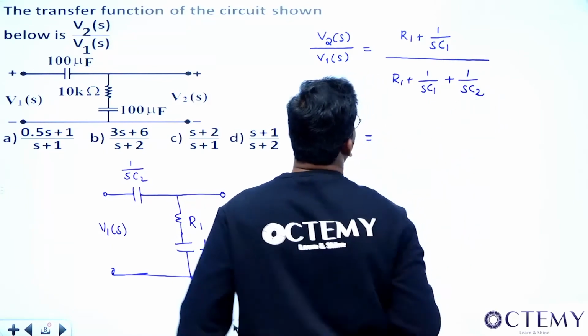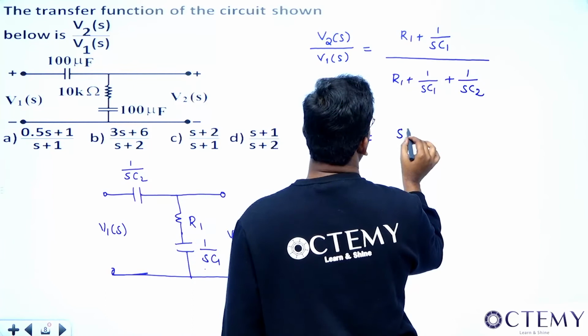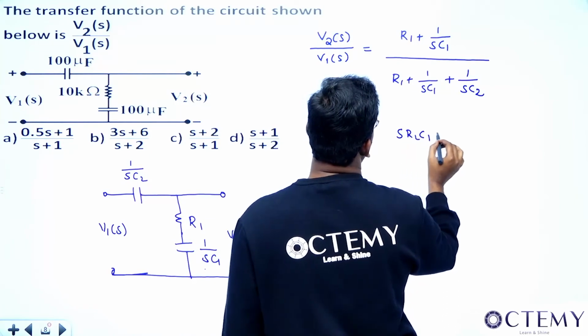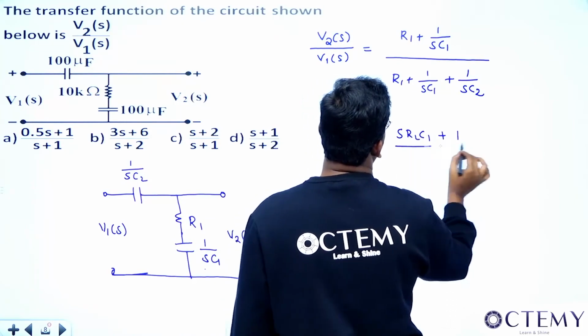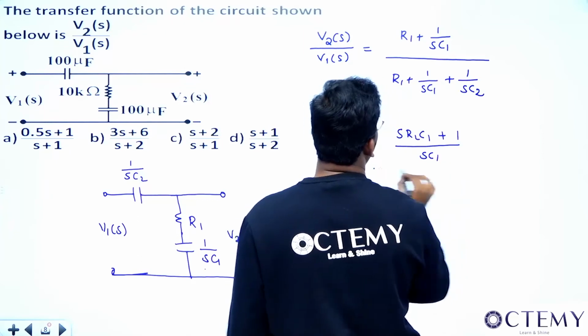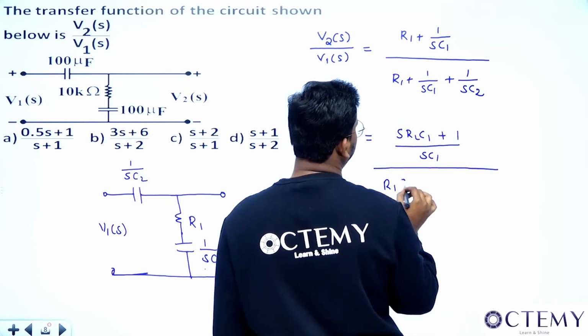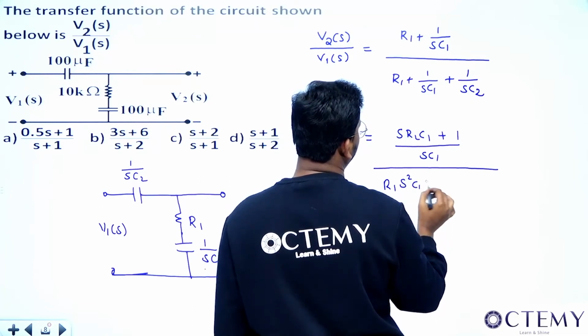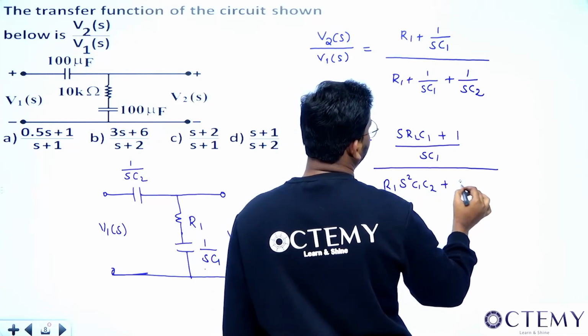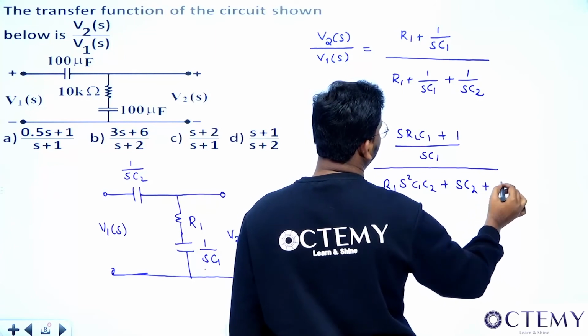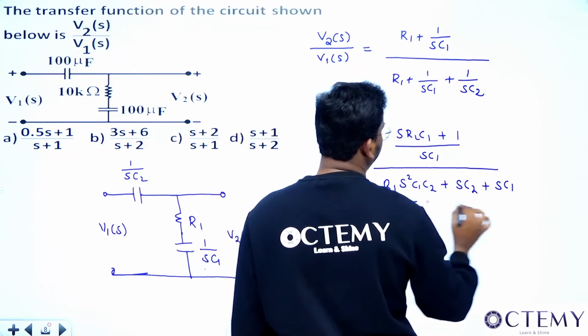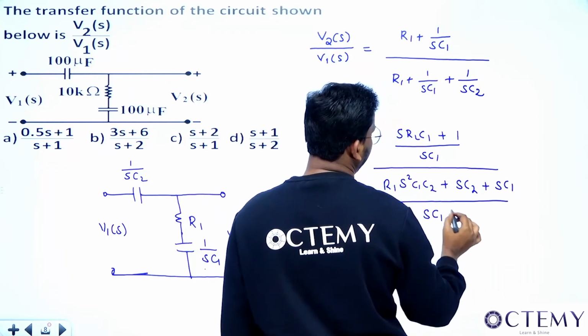So let us take LCM of this. If you take LCM, it's (R1 C1 S plus 1) divided by SC1, whole divided by (R1 into S square C1 C2 plus SC2 plus SC1) whole divided by SC1 into SC2.